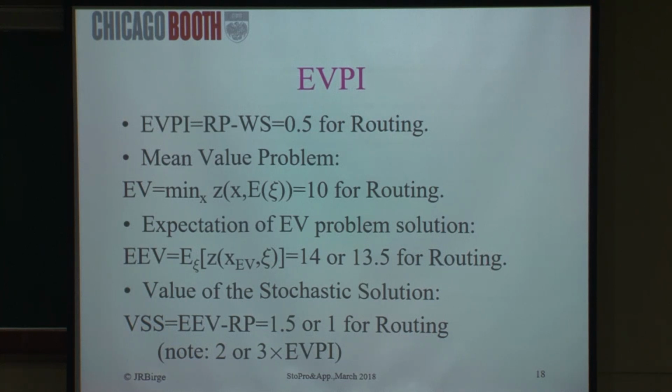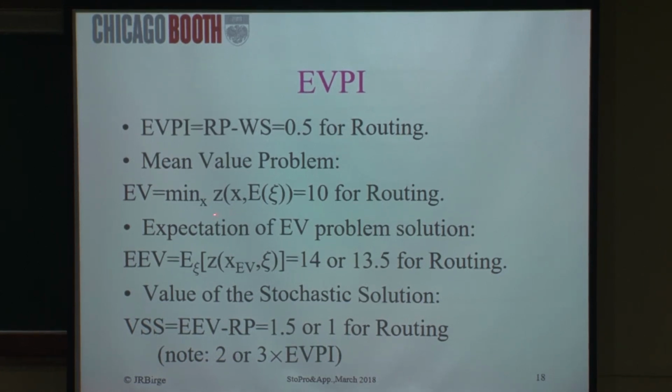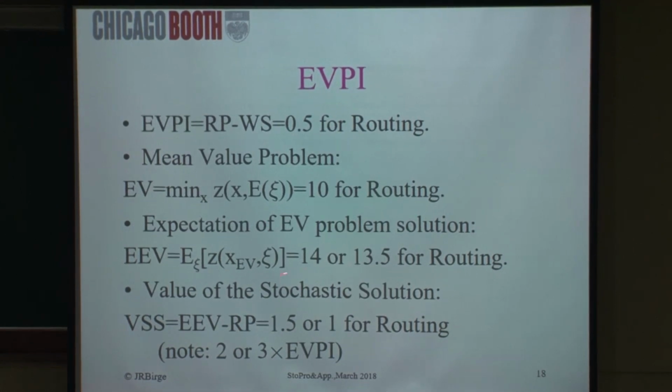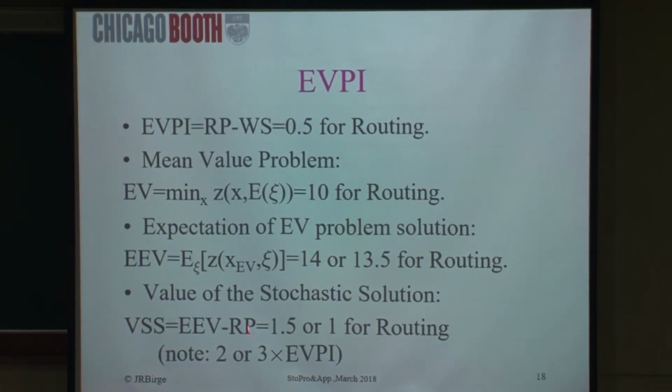You're always better. So if I use the solution that comes from the deterministic model, this is what I'll get in reality, whereas the 12 and a half is what I get when I solve the stochastic program.